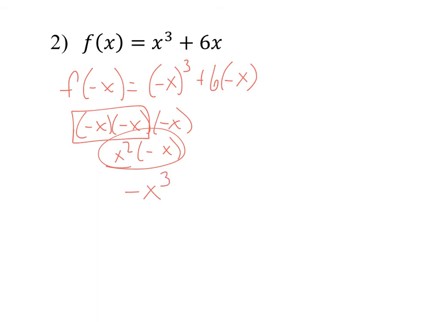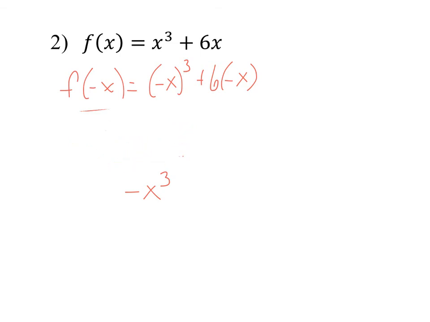The basic idea is that if the exponent you're raising it to is odd, which this one is, the sign remains constant. So if it's negative, it's going to be negative when you cube it.